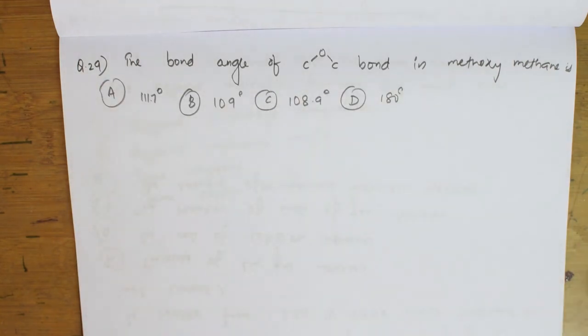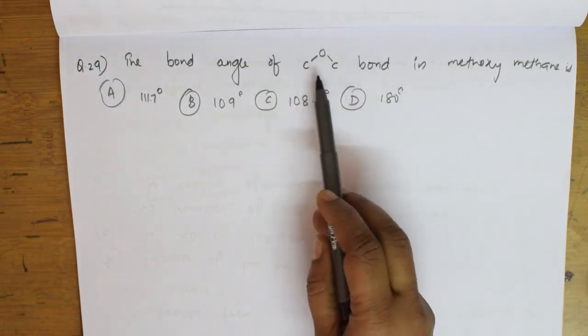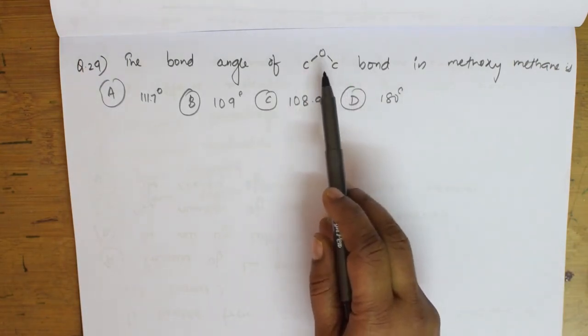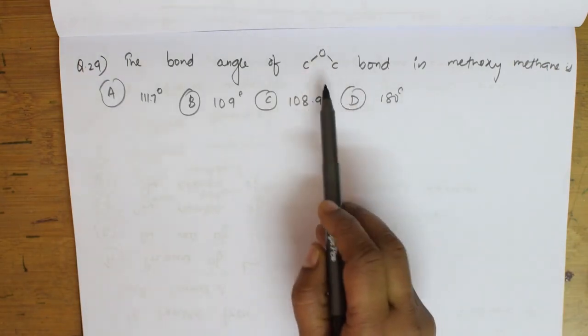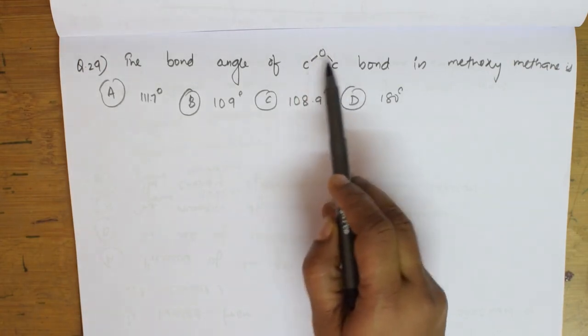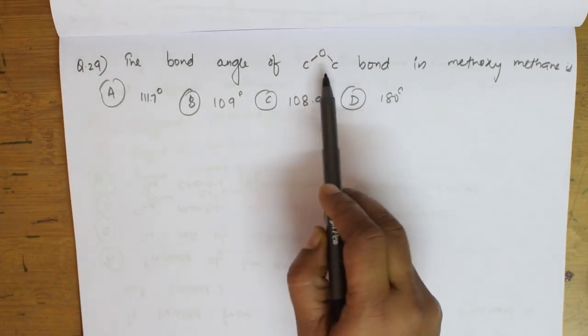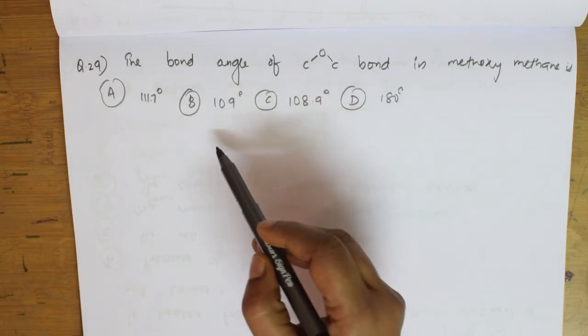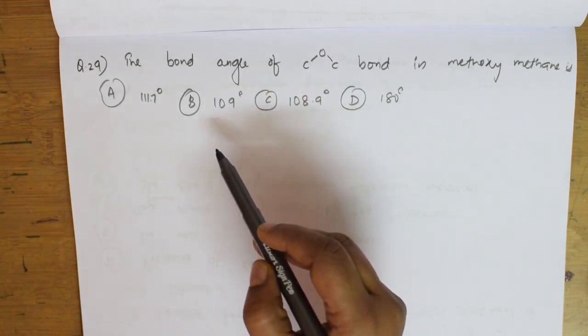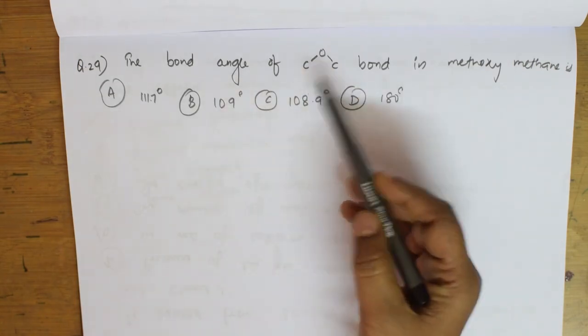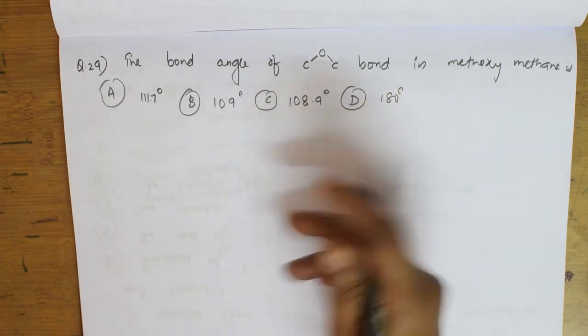So here in tetrahedral structure, what will happen? 4 electron pairs will be distributed in a tetrahedral manner. 4 electron pairs will be distributed. As soon as you see this, directly you will see the structure and you will mark it as 109, right? Because 4 electron pairs are distributed, and why do they distribute?